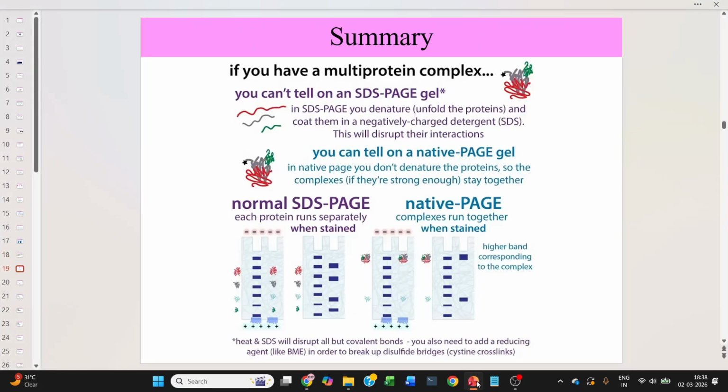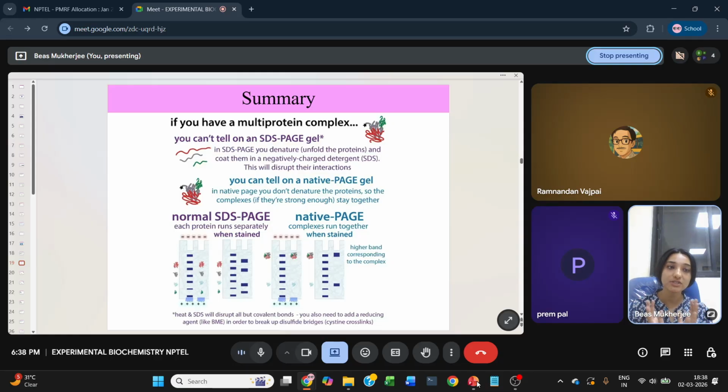Okay, so now this is just a small summary slide for you. If you have a multi-protein complex, you can't tell on an SDS-PAGE gel. In the SDS-PAGE gel, when you denature, it unfolds the protein and coats them negatively, and they will disrupt all the interactions. But then you can tell that on a native gel.